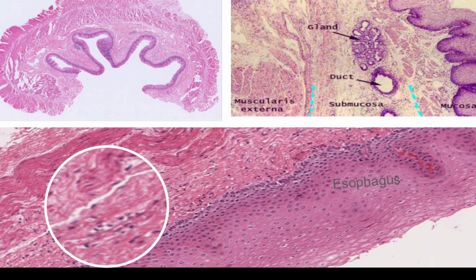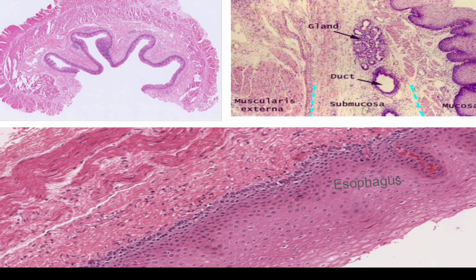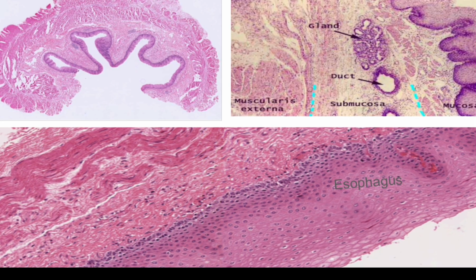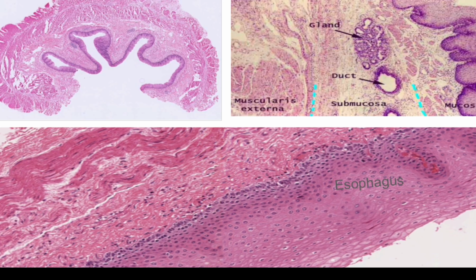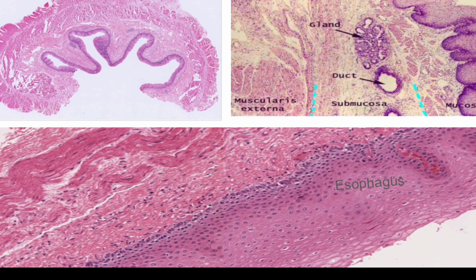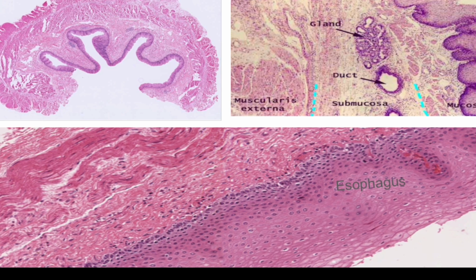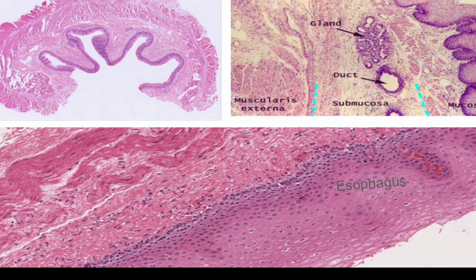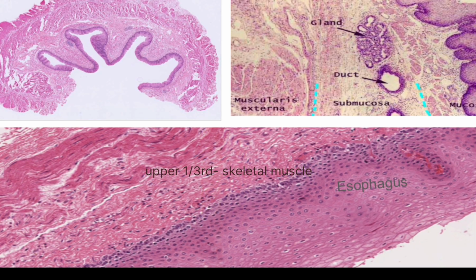longitudinal muscles. The muscles here vary along the length of the esophagus, unlike any other part of the alimentary tract. In the other parts, you will find smooth muscle, but in the esophagus, in the upper third, we find skeletal muscle.